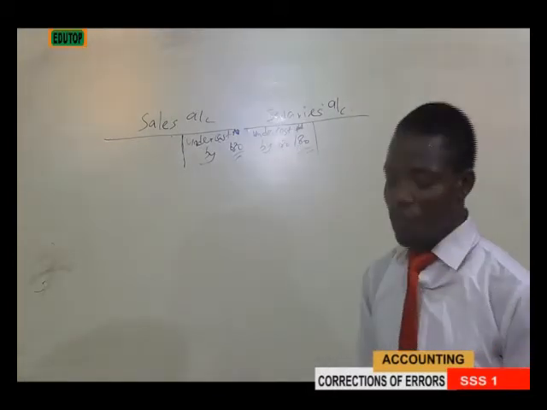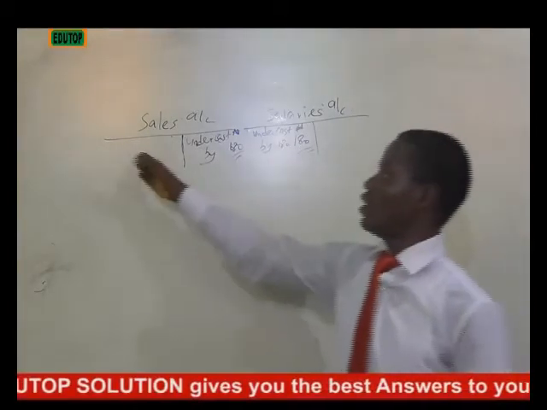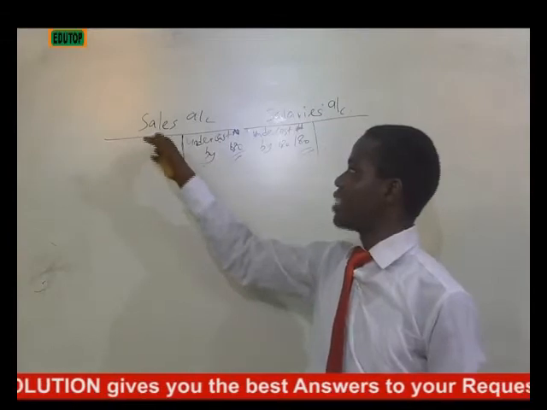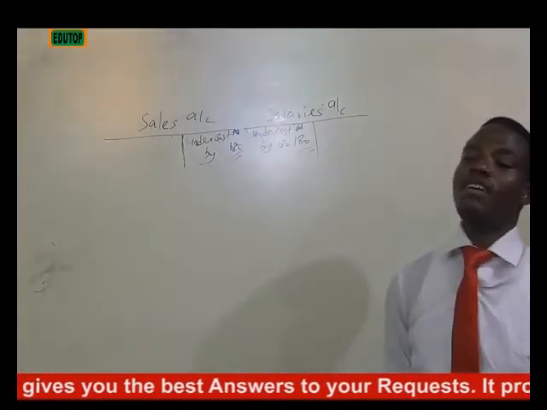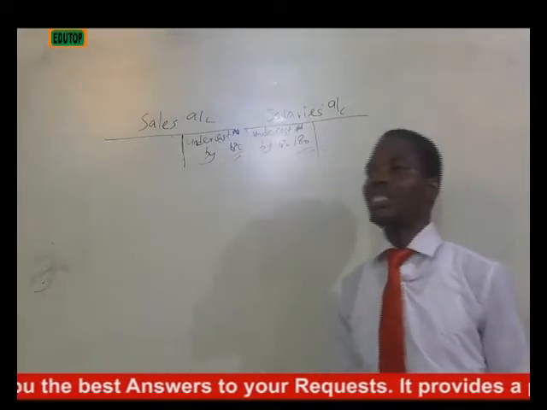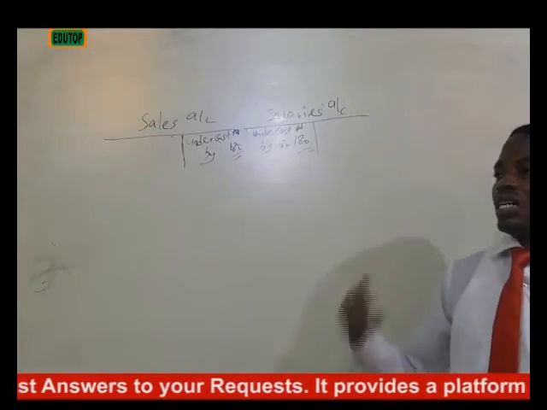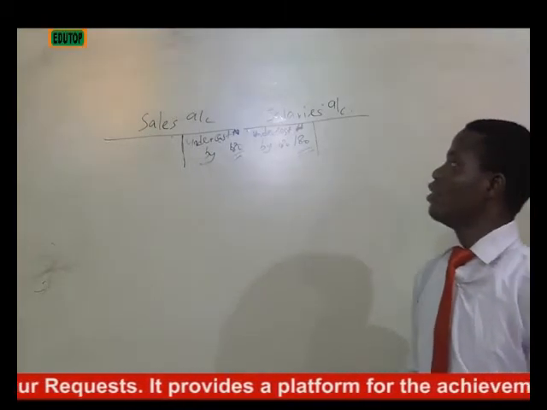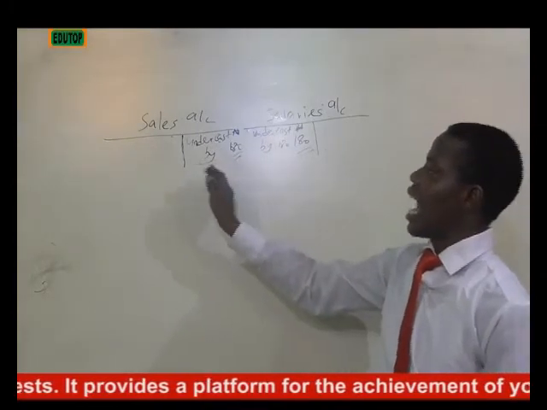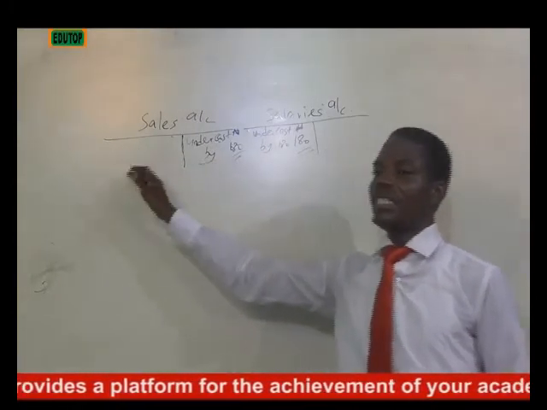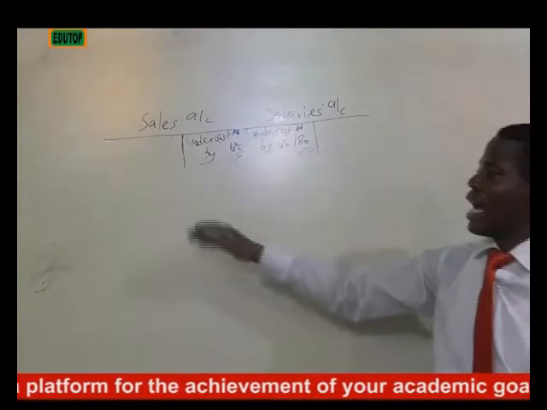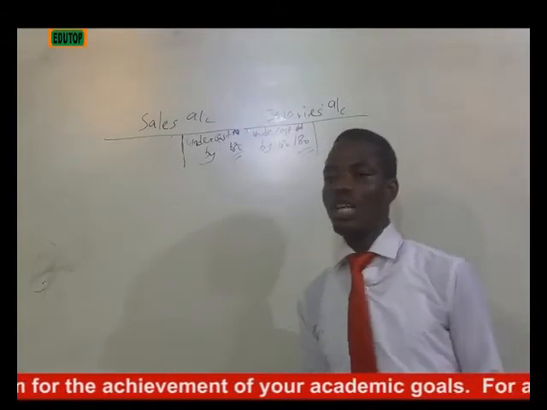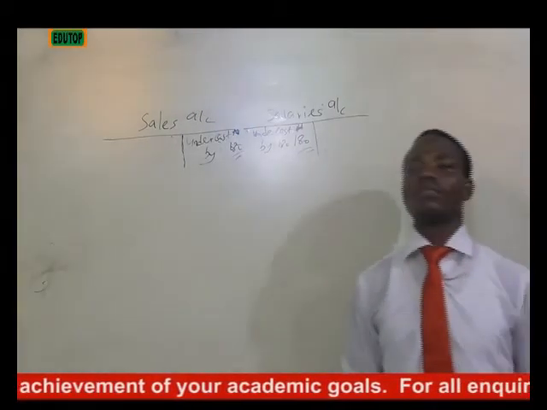And if it is overcast, it will be on this side as sales. You know, when you overcast a figure, that means you pay more than you expect to pay. So the person I paid has to return the money at the end of the day. So if it is undercast, it is here, and if it is overcast, then it is here. Then you prepare the necessary journal at the end of the day.